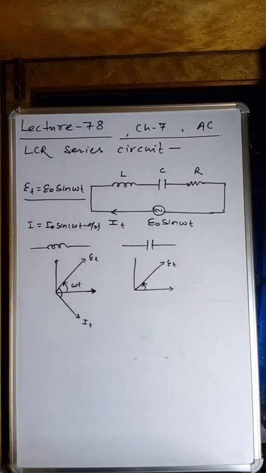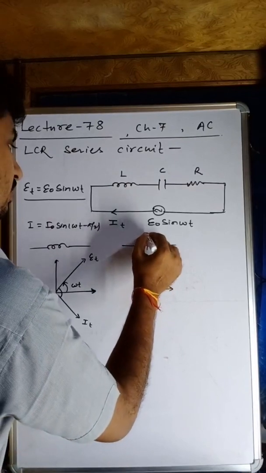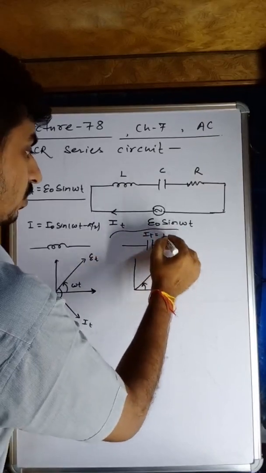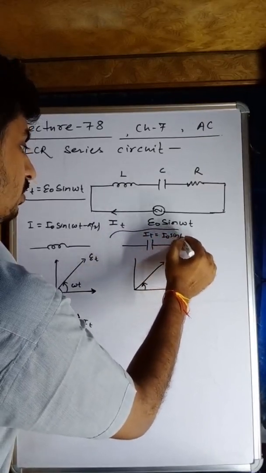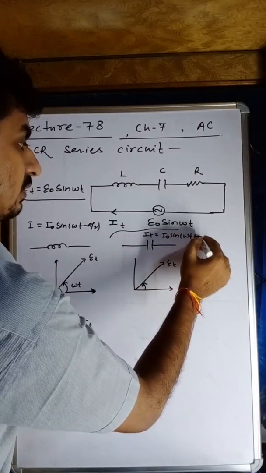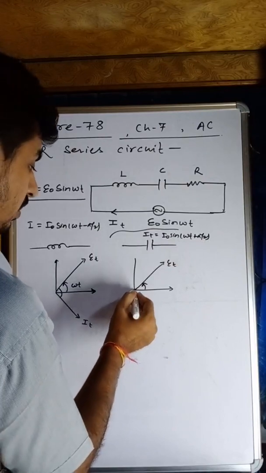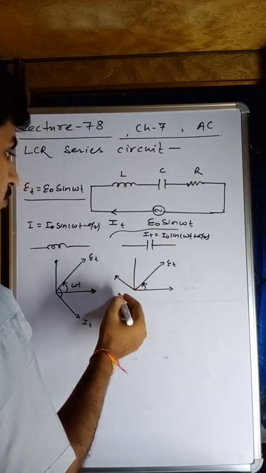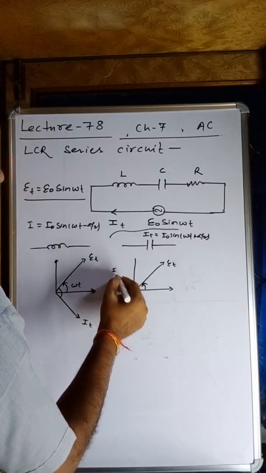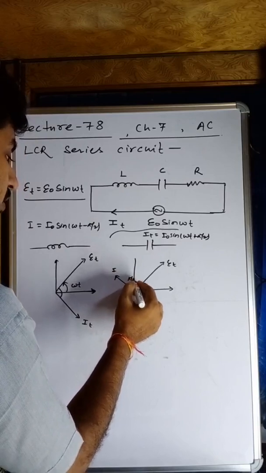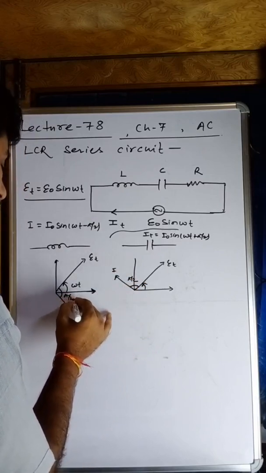But we know that the equation for the current in case of a capacitor is I0 sine omega t plus pi by 2. Here current leads by pi by 2. It means the current will rotate pi by 2 more than the voltage, and this is nothing but pi by 2.